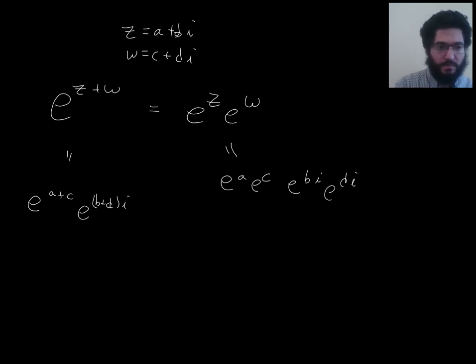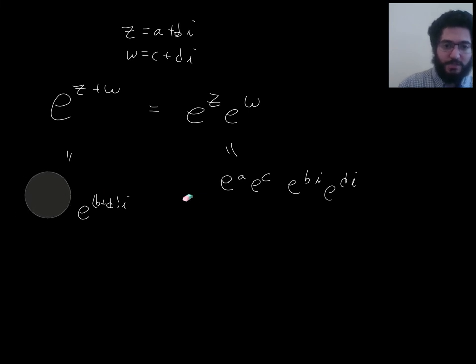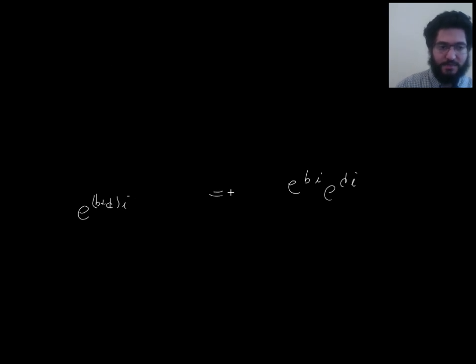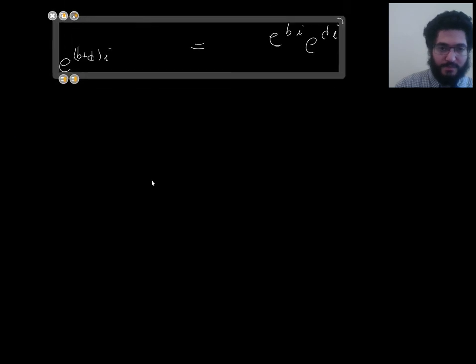Then, we already know that this part equals this part, e to the a plus c equals e to the a, e to the c, for real numbers a and c. That's not so interesting. So let me get rid of that. Let me just focus on this part, that these are equal. So look at what this says.